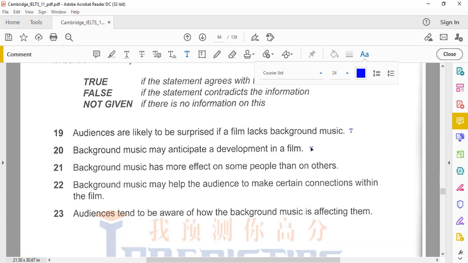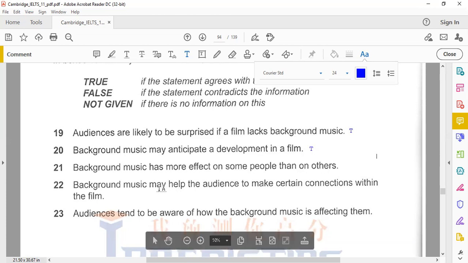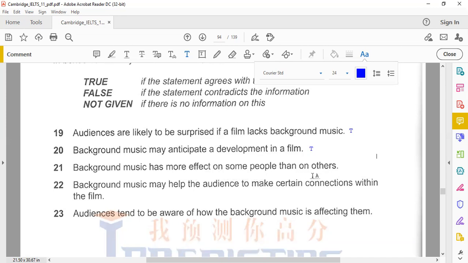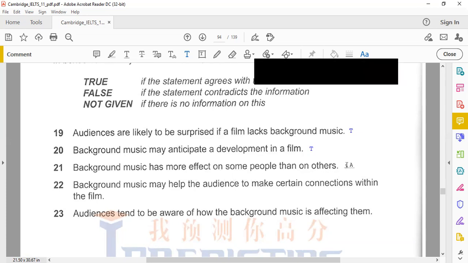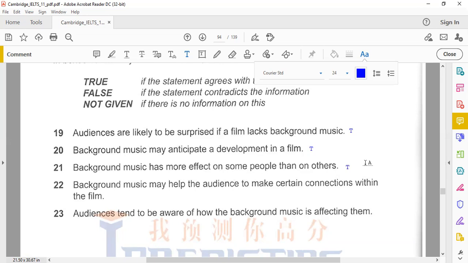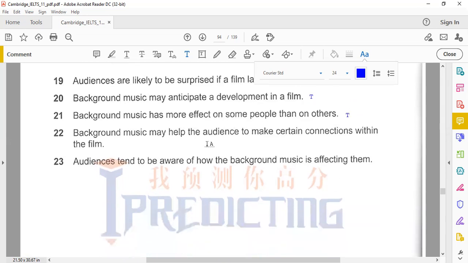And then you can see background music has more effect on some people than on others. That's also true. It happens. And background music may help the audience to make certain connections with the film. This is not given.